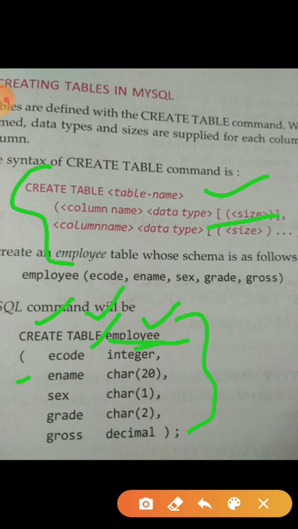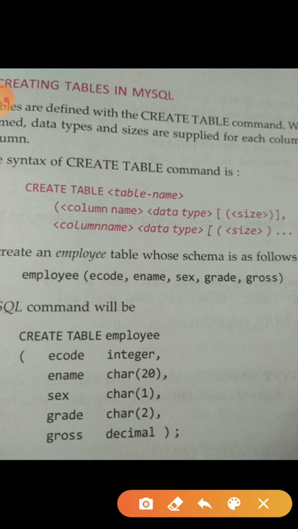First one is ecode, an integer type. Ename, character type. Sex, character type, either male or female. Grade and gross, in decimal form. So this is the basic syntax of creating a table in our database, okay.